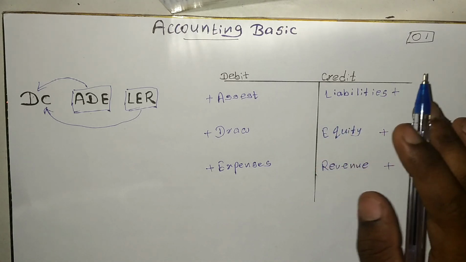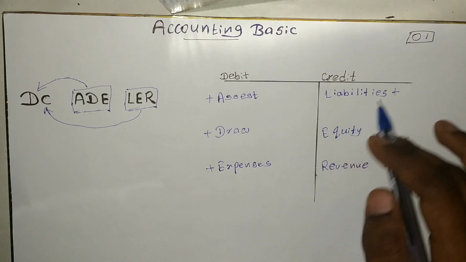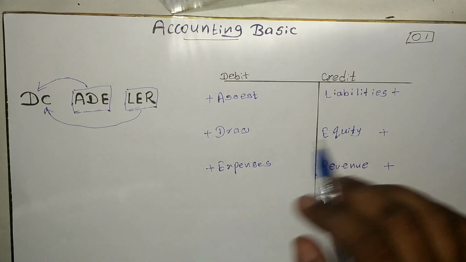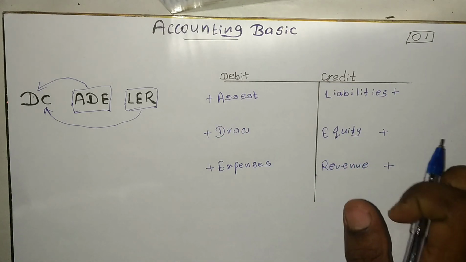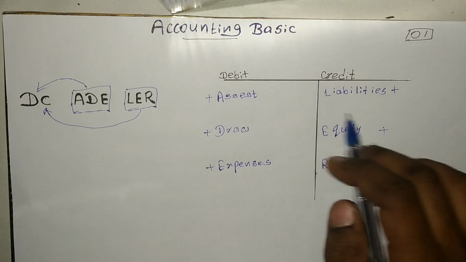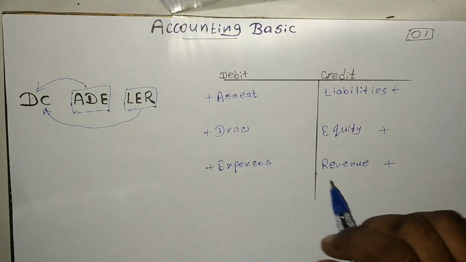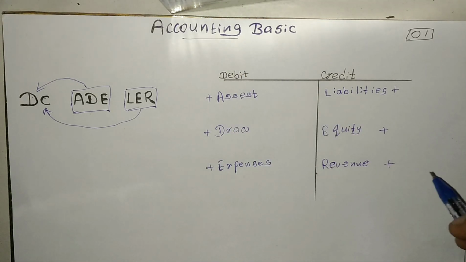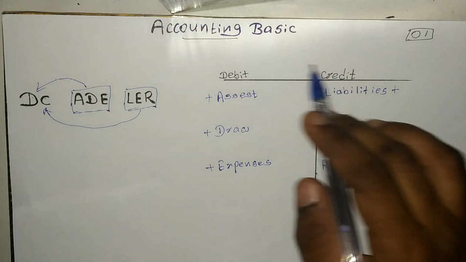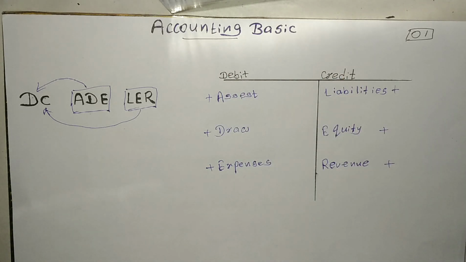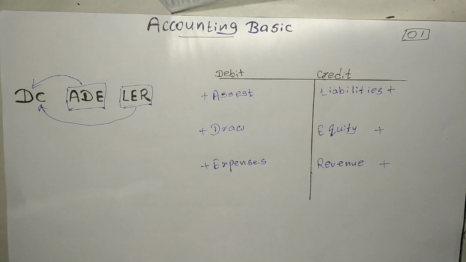Now I am going to show you a certain concept in the accounting process. We prepare the income statement. To prepare the income statement, we use these two contents, expenses and revenue.